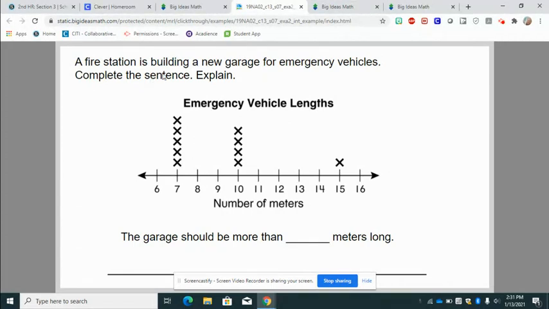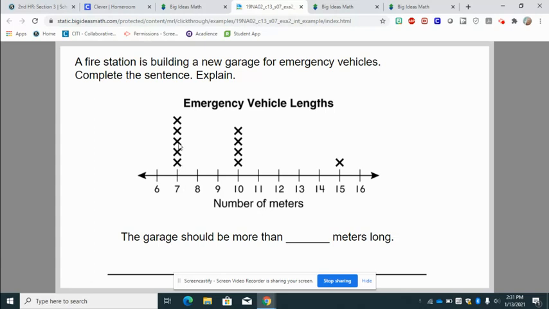A fire station is building a new garage for emergency vehicles. Complete the sentence, explain. So emergency vehicle lengths, and the vehicles were measured in meters. Some of the vehicles that were measured were 7 meters long.